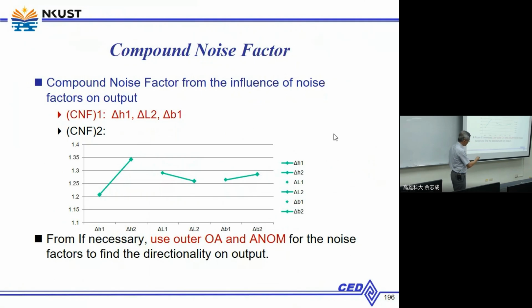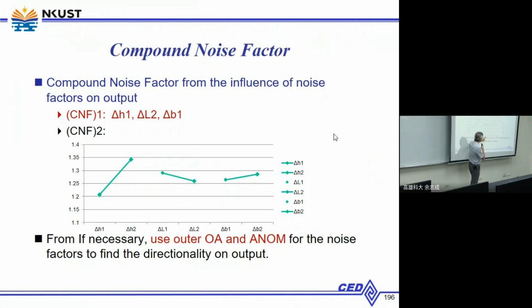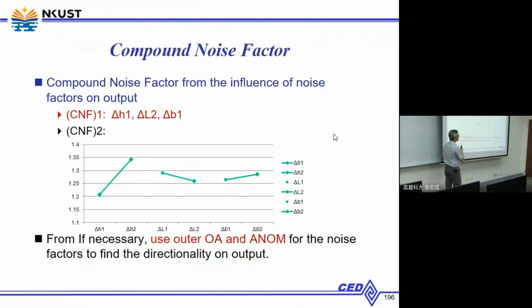As you can see, these three noises have the influence like this. Therefore, if you want to pick the first combination in such a way that the average output, which will be the K, will be the minimum, then you will pick delta H1, delta L2, and also B1, right?